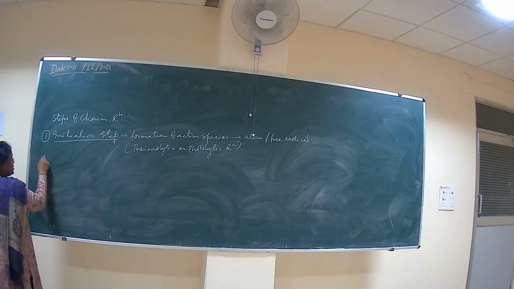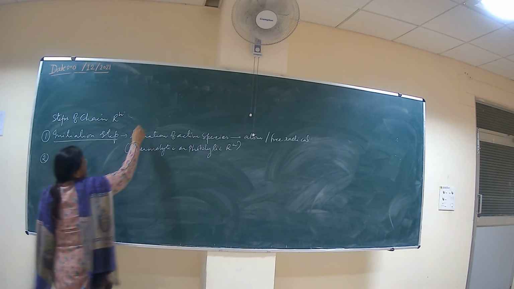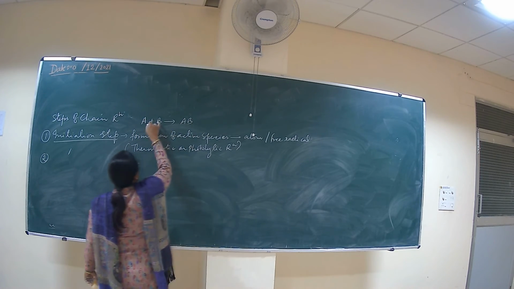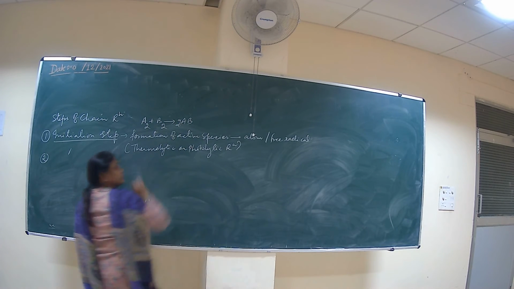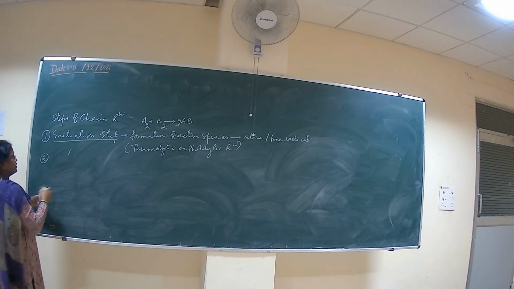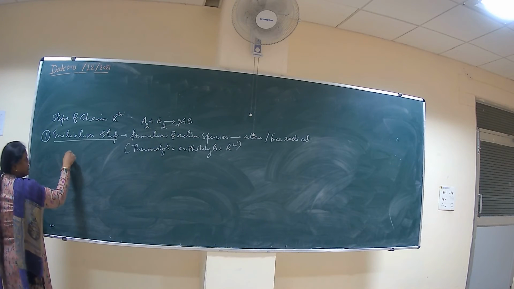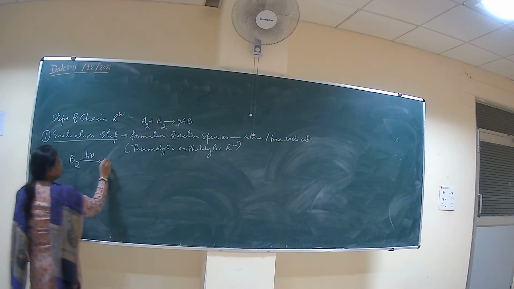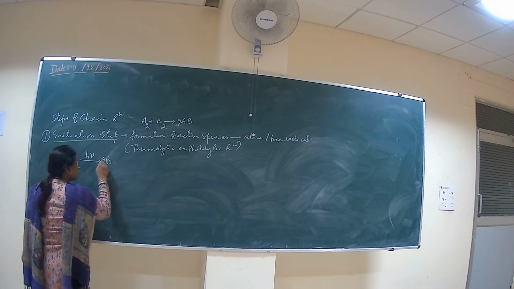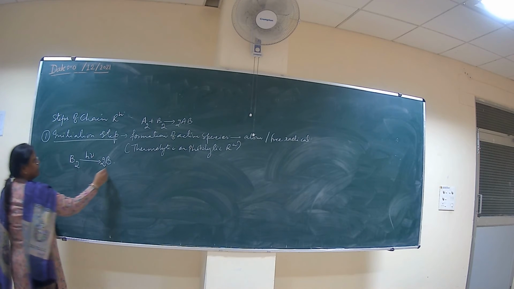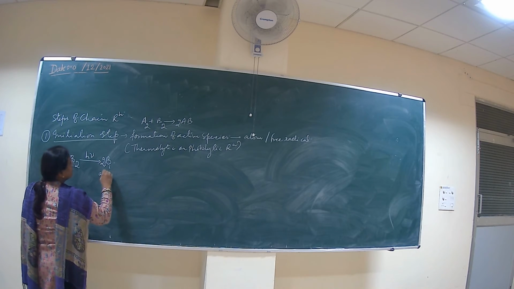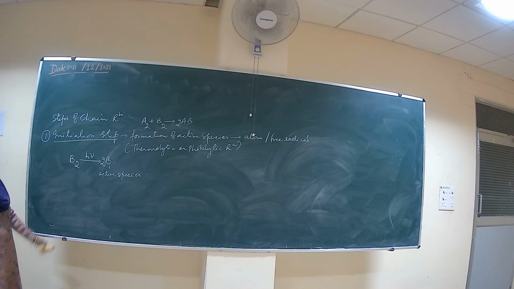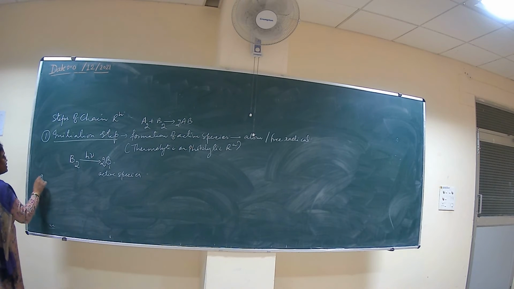So after the initiation, suppose there is a reactant A plus B and it forms the product A. Okay, so for the initiation step, this B is converted, in presence of light for example, into an atom. तो ये जो हमारा B atom है, this is the active species. This active species reacts with the other molecule.